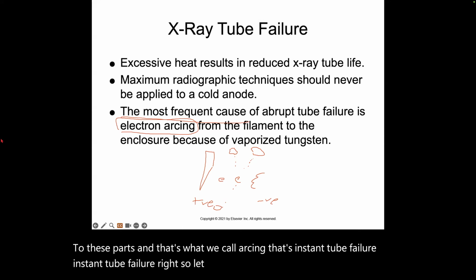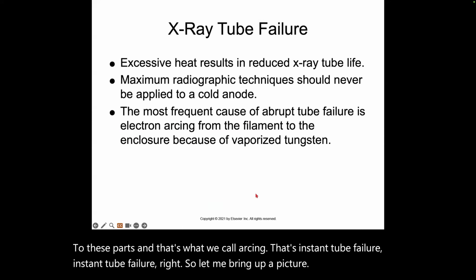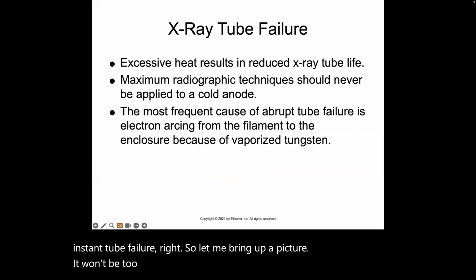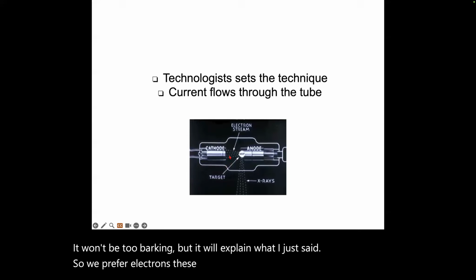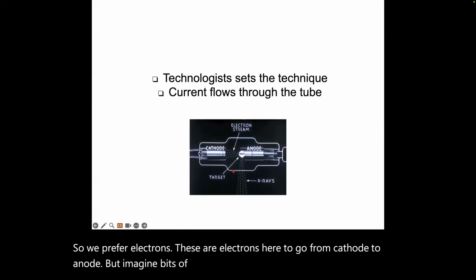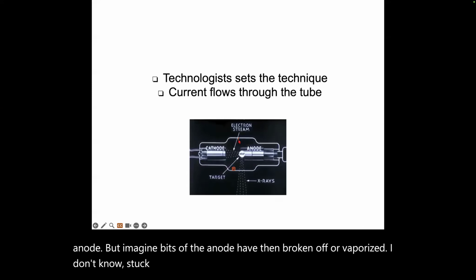So let me bring up a picture. It won't be tube arcing, but it will explain what I just said. We prefer electrons, these here, to go from cathode to anode. But imagine bits of the anode have broken off or vaporized and are now stuck on this part.